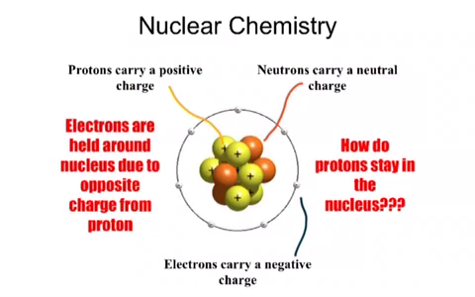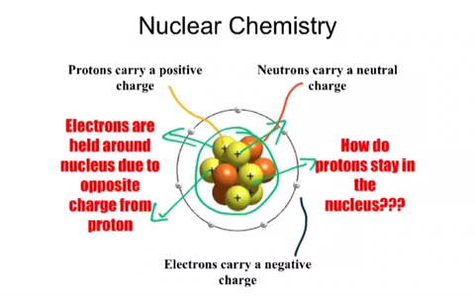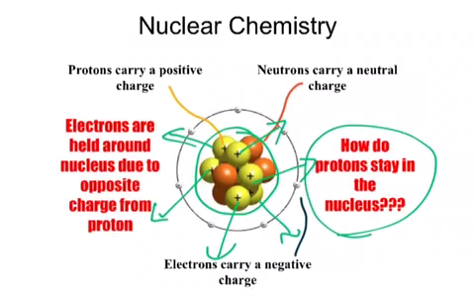So if we think about what's inside the nucleus, the protons, all within a single nucleus, they're all trying to push each other away, because they're all like charges, so they're all trying to repel one another. So the question again, how do the protons stay in the nucleus? That doesn't make sense, because if they're all trying to push each other away, then why are they staying together?